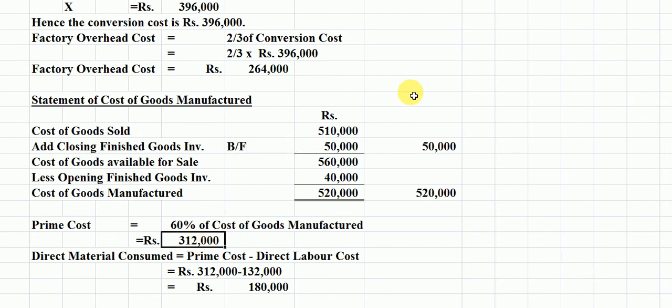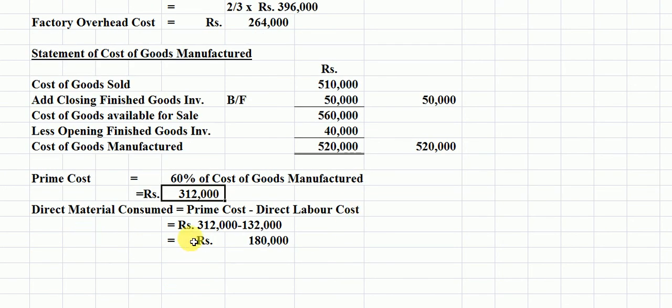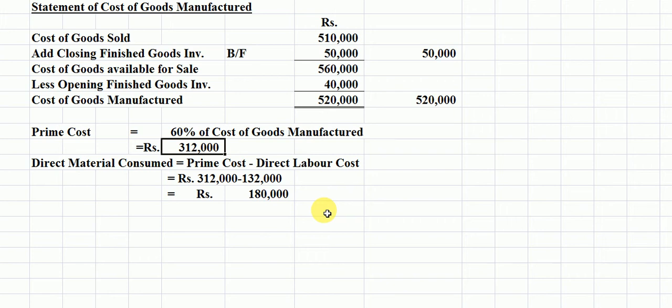Then we get 3,12,000 rupees as prime cost. Now students, direct material consumed is prime cost minus direct labor cost. So we find the value of direct material consumed as 1,80,000 rupees here. Now we move to the pro forma cost of goods manufactured and sold statement to find the other requirements.